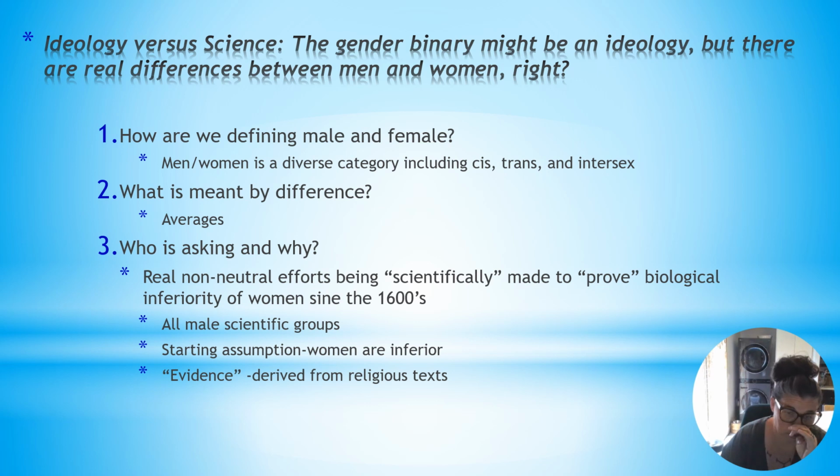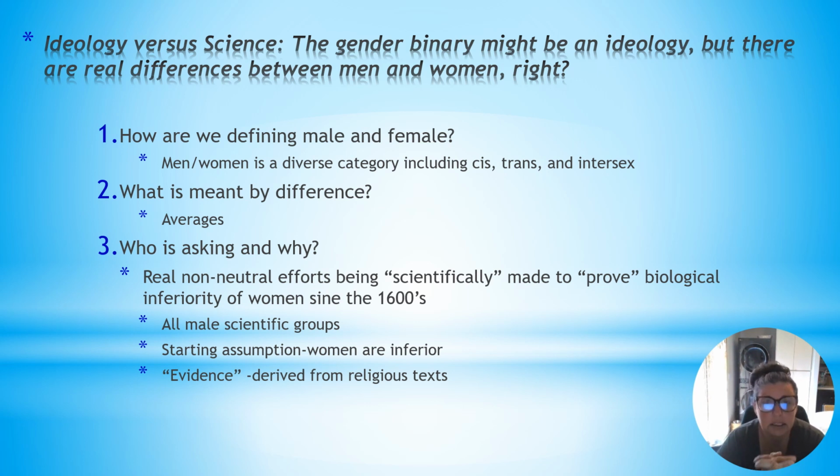So what we know is that there have been some real non-neutral efforts being proposed as scientifically made or scientific evidence to prove that women are inferior to men. We have had the presumption that women are inferior to men for many, many generations.